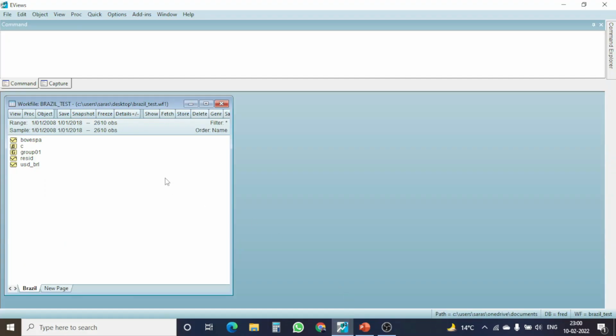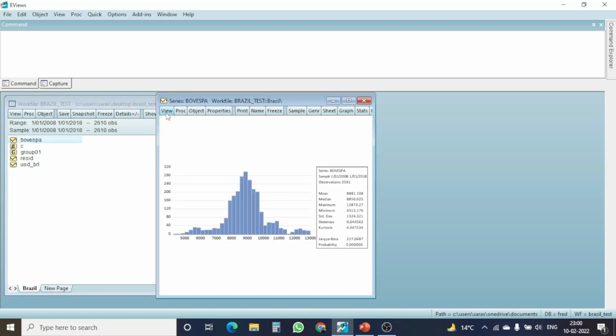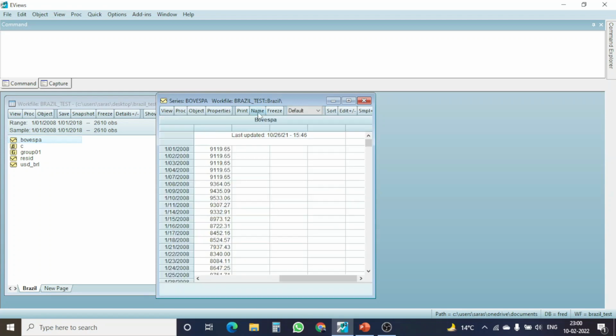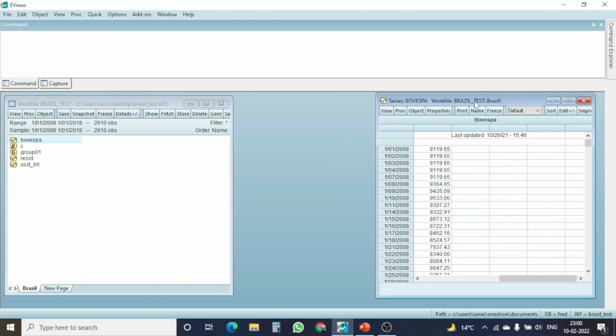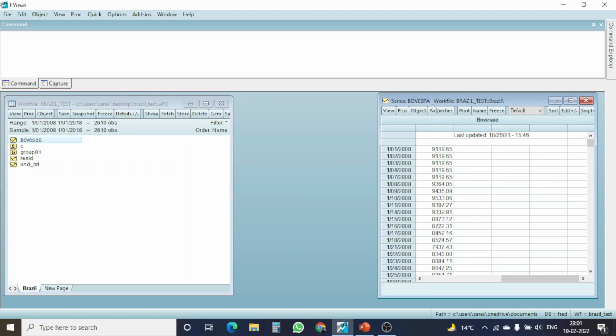Here we have a data set of Brazil, where we have the Brazil stock market index values, the closing rates from 1st January 2008 till 1st January 2018.